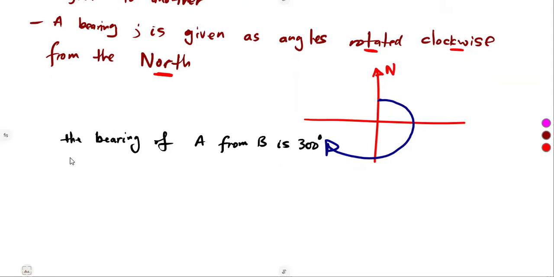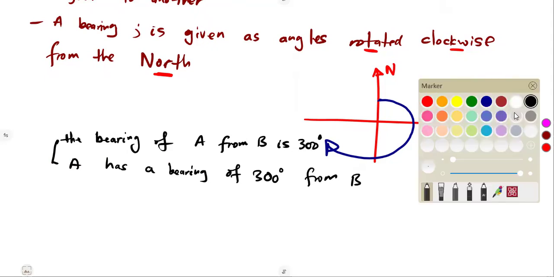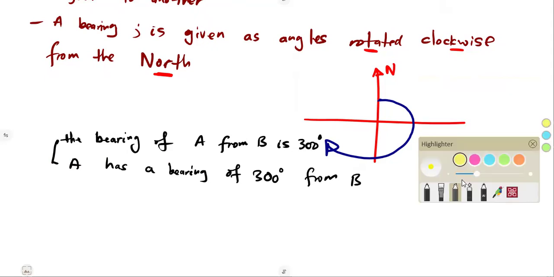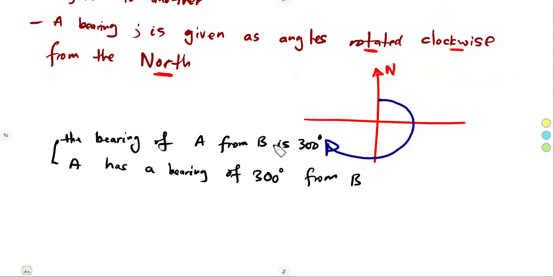Or they can say the same statement like this: A has a bearing of 300 degrees from B. So the most important point to note is "from".